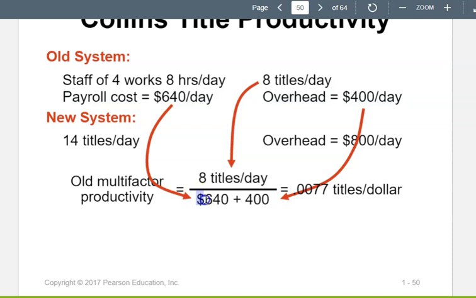You can see that these are two different factors. This is a multifactor. So it's 640 plus 400 in the denominator, and in the numerator we still have the same unit of production, which is number of titles, 8 titles. This time it's going to be 0.0077 titles per dollar.